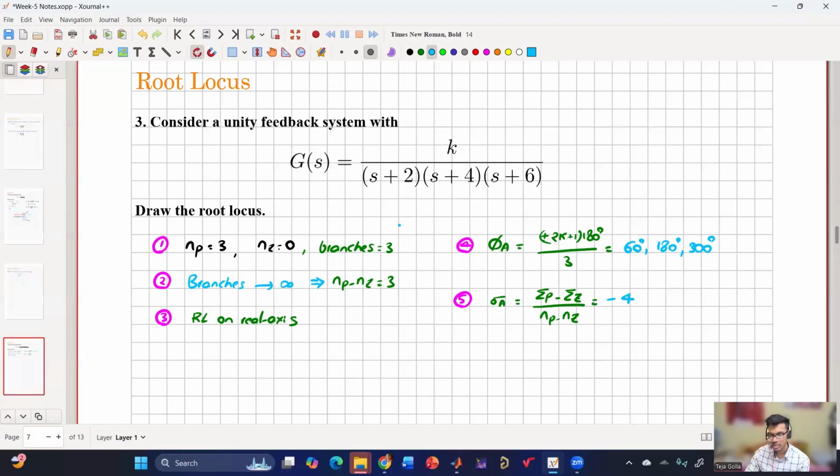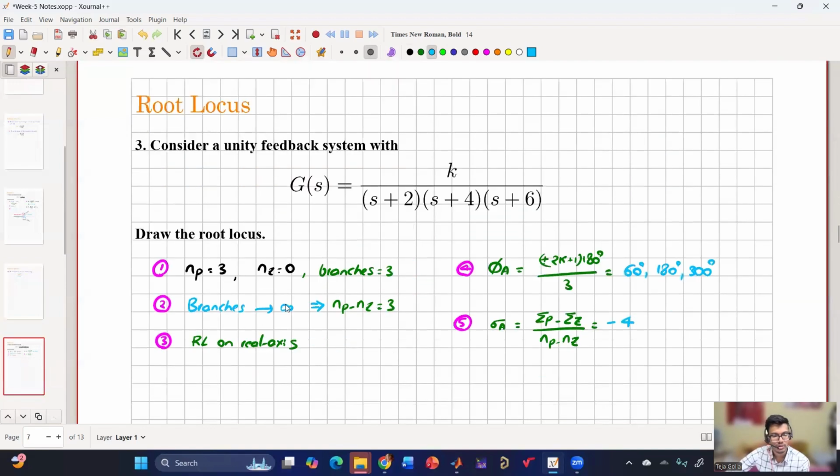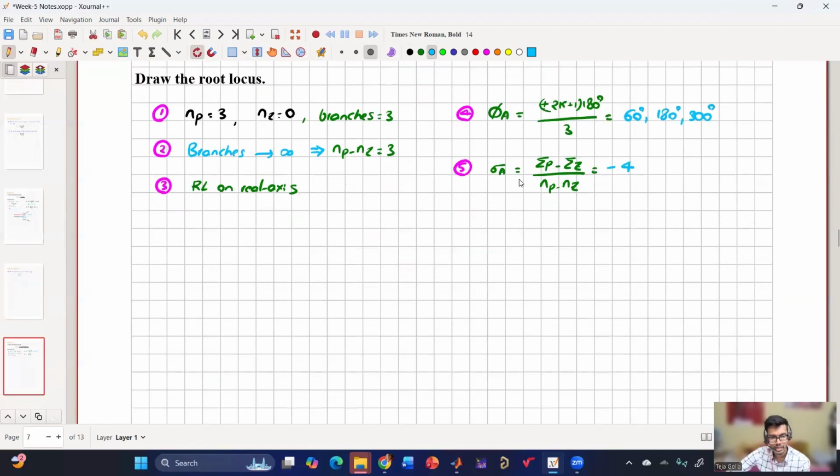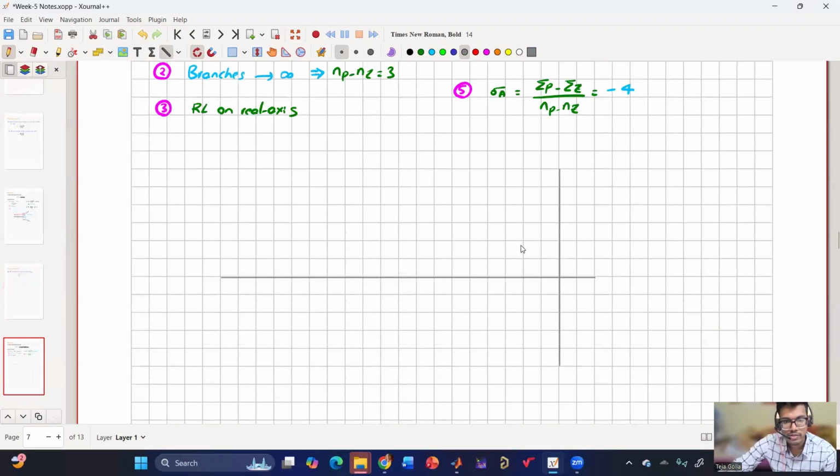So with this information, let us try to draw the root locus. Then we'll come back to the sixth point, which is break-in or breakaway, because we'll try to understand that. So minus 2, minus 4, minus 6. Let me quickly draw the root locus. This is the axis.